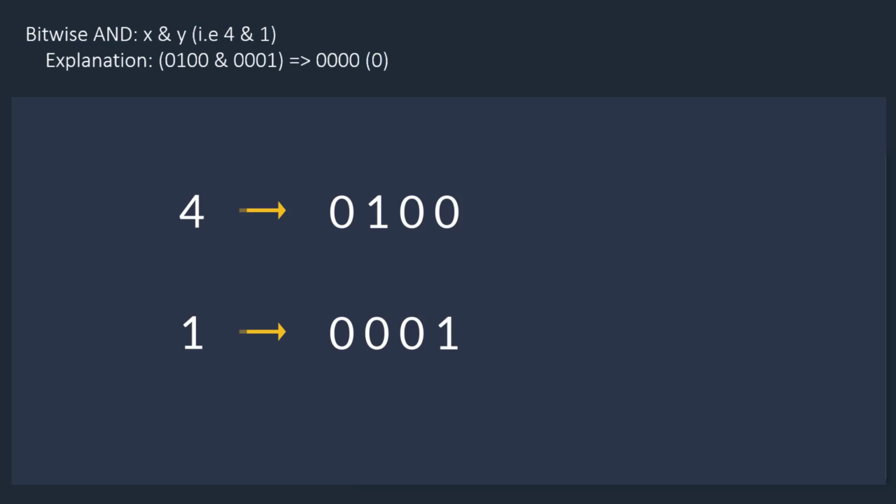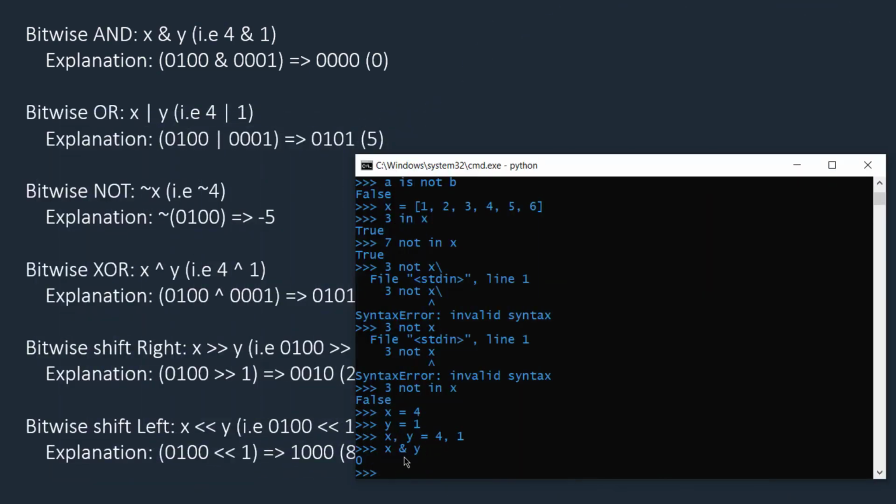Now if you do a bitwise AND, comparing from the left side, 0 and 0 is 0, 1 and 0 is 0, 0 and 0 is 0, and 0 and 1 is 0. So the result is 0000 in binary form, which converts into decimal 0. That's why in this console window you can see 4 and 1 is equal to 0 in the bitwise operator.